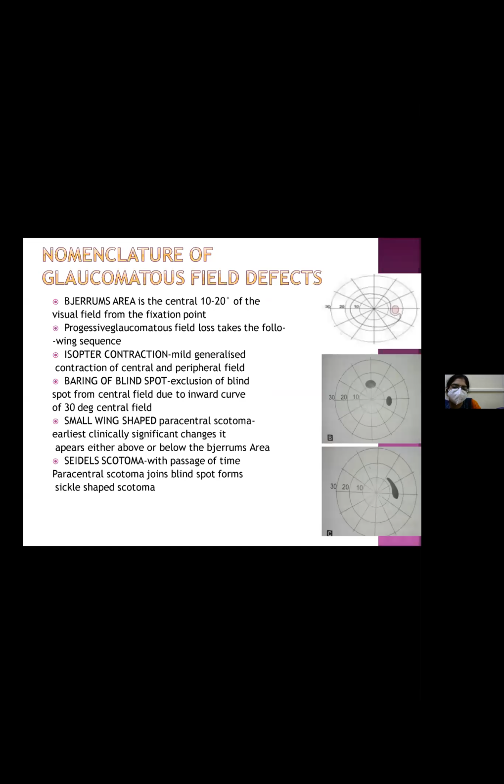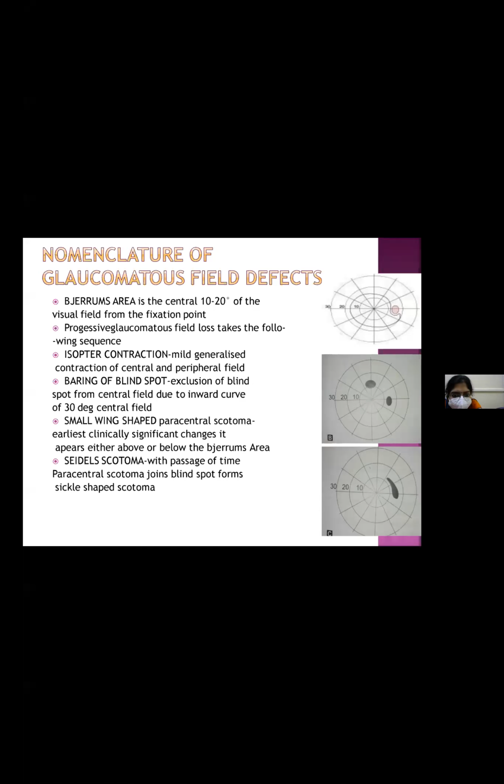Next, nomenclature of glaucomatous field defects. This is Bjerrum's area, the central 10 to 20 degrees of the visual field from the fixation point. The natural history of progressive glaucomatous field loss more or less takes the following sequence. Firstly, isopter contraction. A mild generalized contraction of the central and peripheral field is seen.